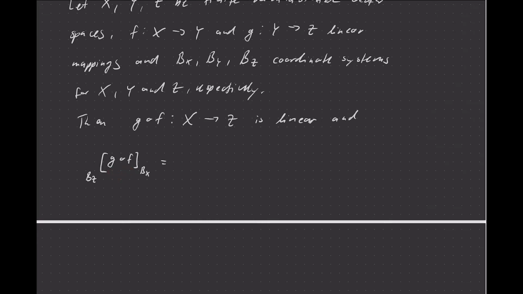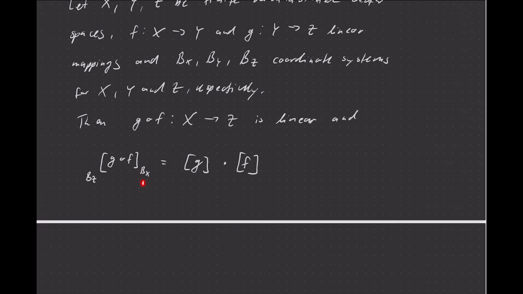So what we need to do is write the matrix representing G on the left and then the matrix representing F on the right.